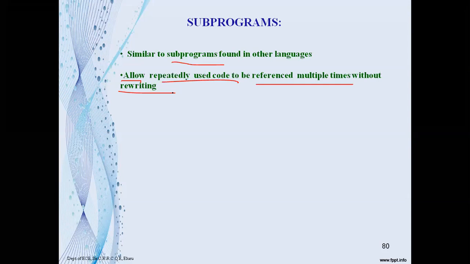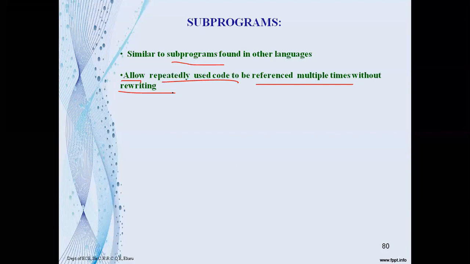Which means that subprograms can be viewed as pieces of code. You can write a separate small VHDL code, and this code can be used multiple times for designing a digital system.